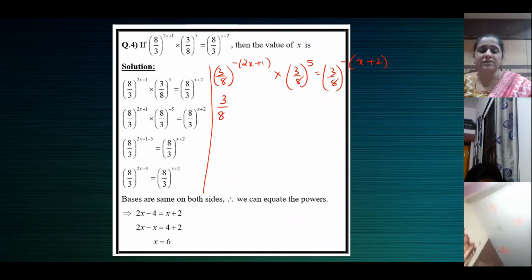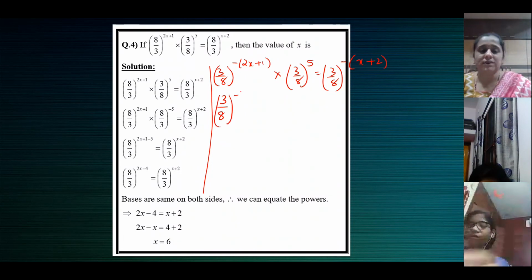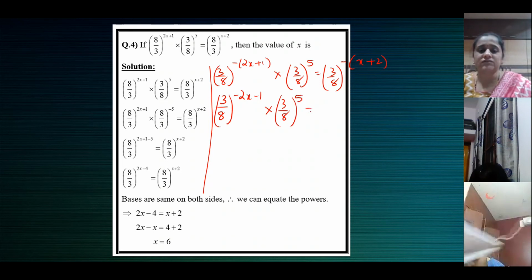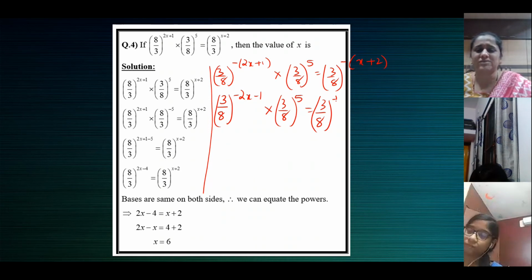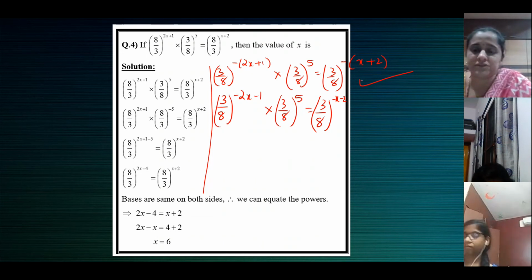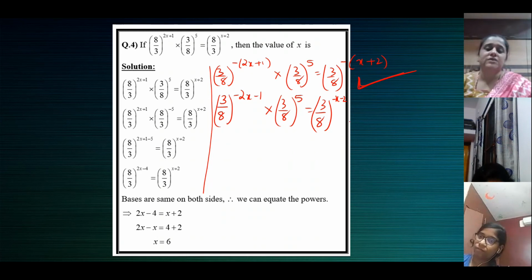So it will be 3 by 8 to the power minus 2x minus 1 into 3 by 8 to the power 5 is equal to 3 by 8 to the power minus x minus 2. You can write the step straight away also, but to make your teacher happier, you can show the step. You will give her an impression that you understood very well. It will be nice if you can show the step.